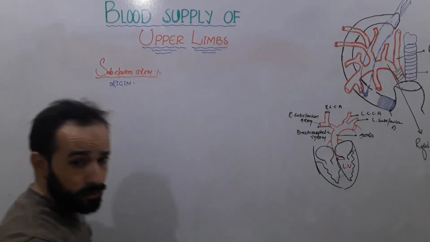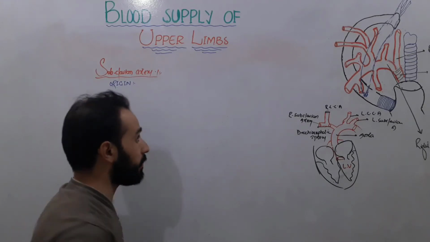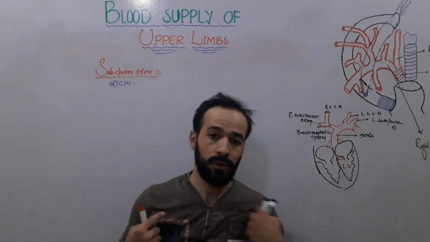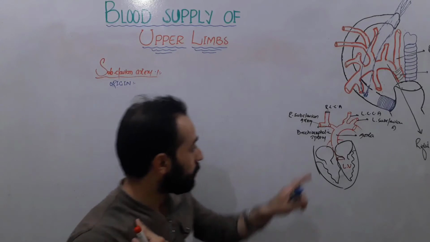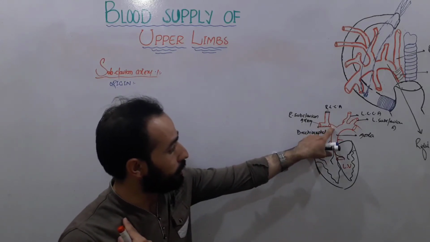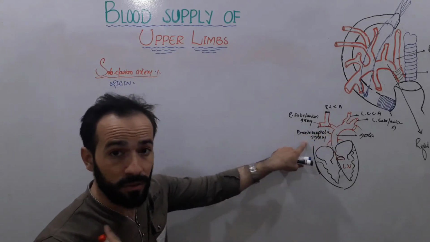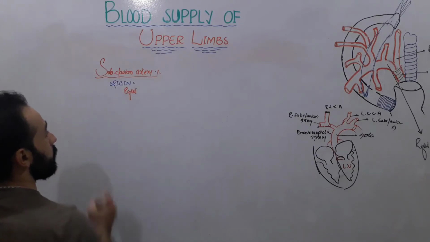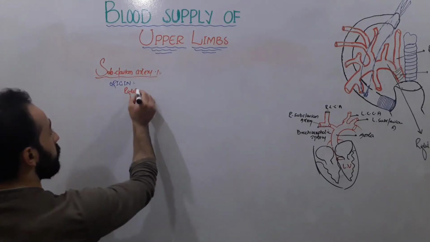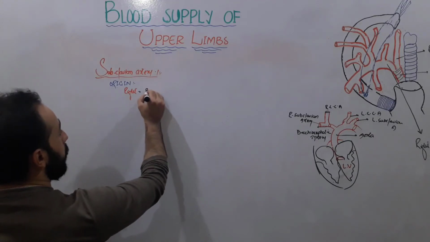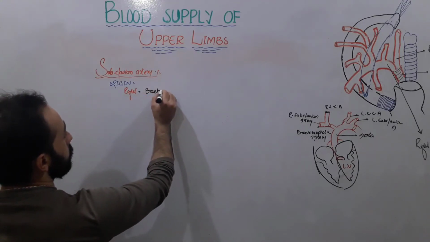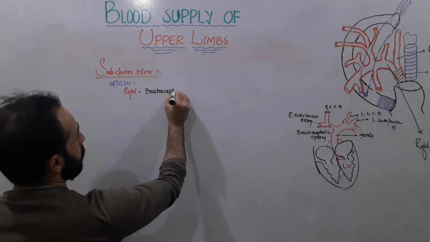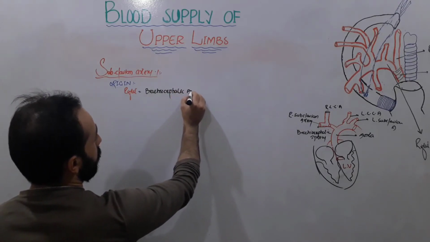Right? So as you know, dear friends, we have two subclavian arteries, one on the right side and one on the left side. So the right subclavian artery branches off from the brachiocephalic artery, right? So the right subclavian artery is the branch of brachiocephalic artery.